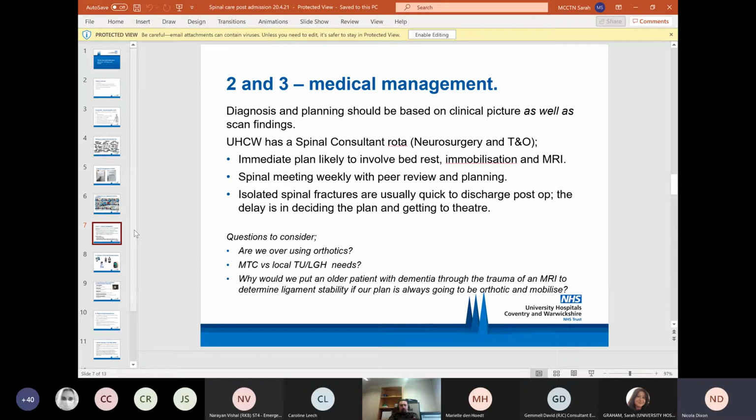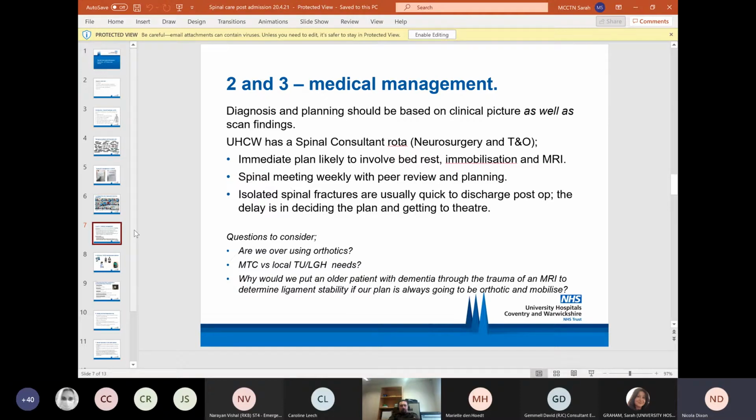Getting the average spinal fracture patient up and moving after the plan is straightforward, and if they've been operated on, we can normally get them discharged within a couple of days. So if we can remove the front end decision making issues, then we would be looking at shorter stays and reducing risk for these patients.